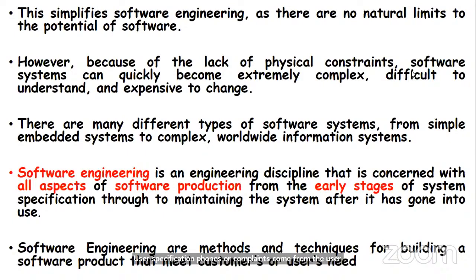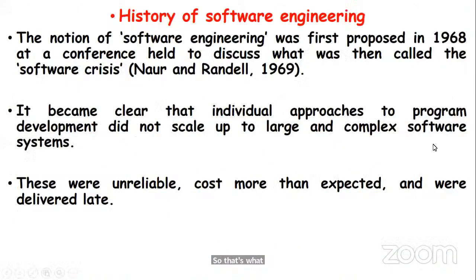So software engineering is methods and techniques for building a software product. So we are looking at the processes of developing a product that meets customer or user needs. That's what we'll be looking at generally in this course.